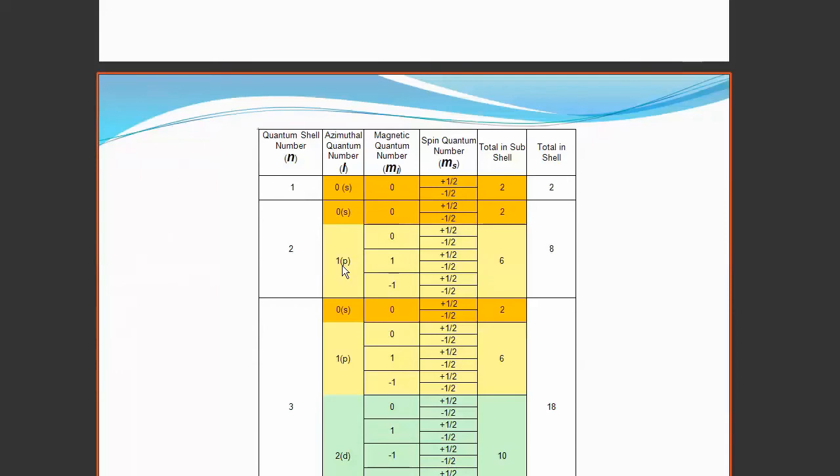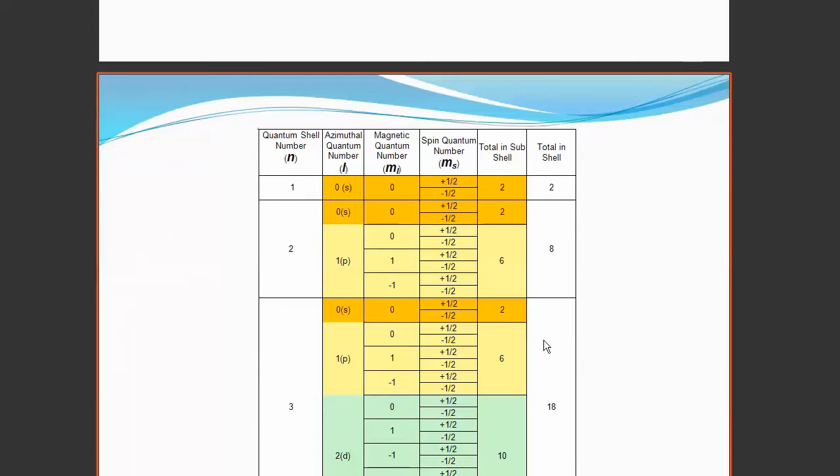In the P subshell, the magnetic quantum number can go from -1, 0 to 1. And each one of those orbitals can accommodate 2 electrons. So in total, we have 6 possible electron states under the 2p subshell. If we add up the total number of electrons that can be accommodated in the second shell, we get 8.